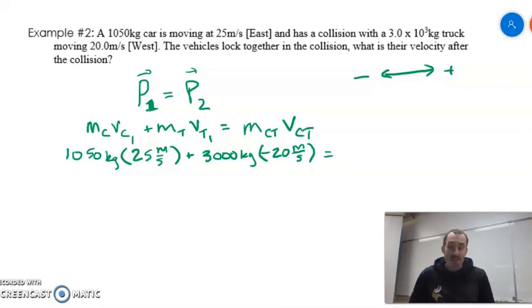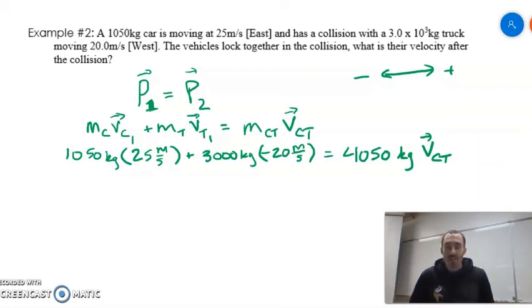Now, the mass of the car-truck is just both of them added up. So the car is 1,050, the truck is 3,000, so that's 4,050 kilograms. And then we're looking for the velocity of the car-truck in the end. Arrows, arrows, arrows, because all these are vectors. Again, solving for it now is just algebra.